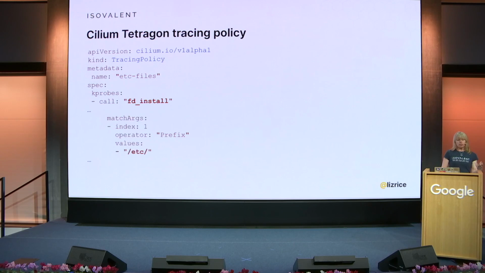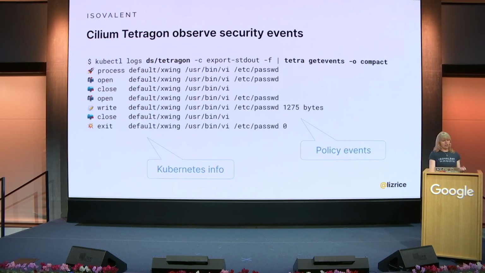So Tetragon's going to have a policy, talked about security policies, that's going to define what kind of events we're interested in and observe events. Those events might be defined by the policy.